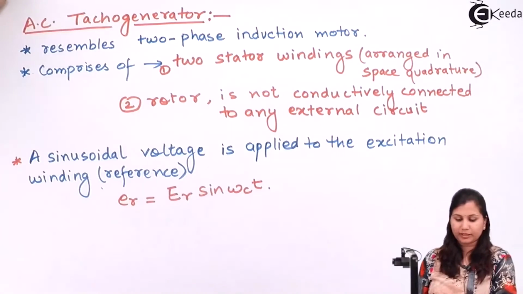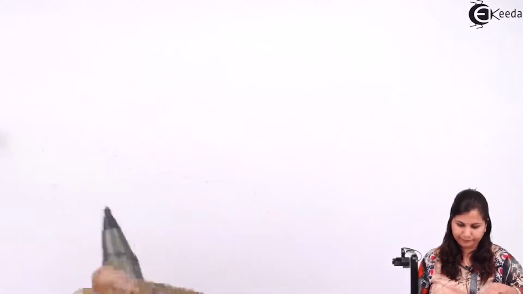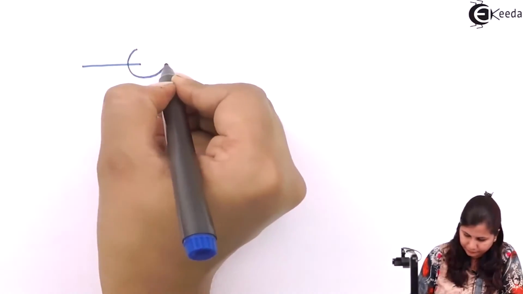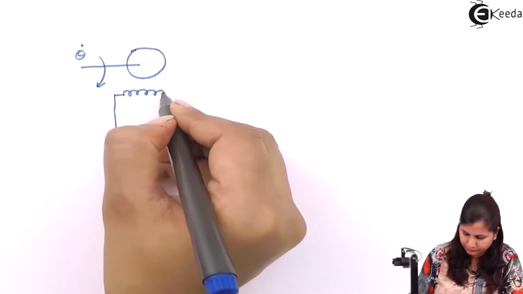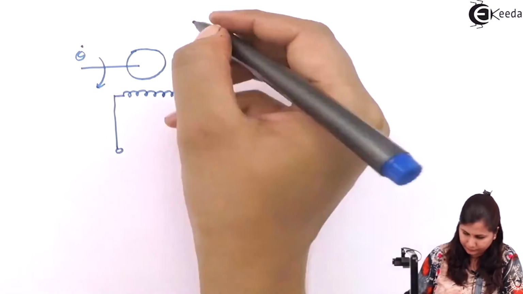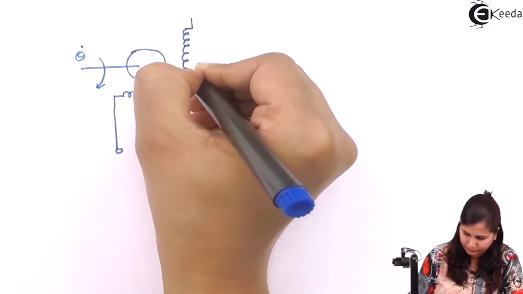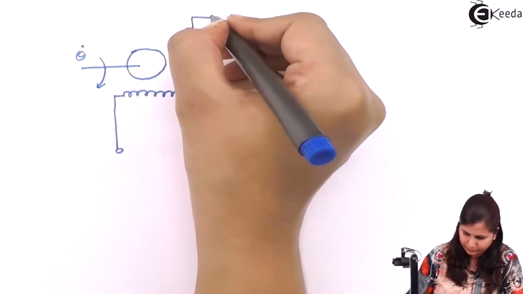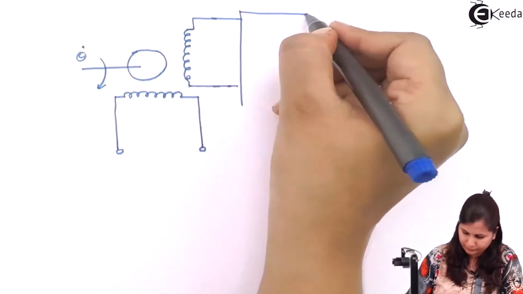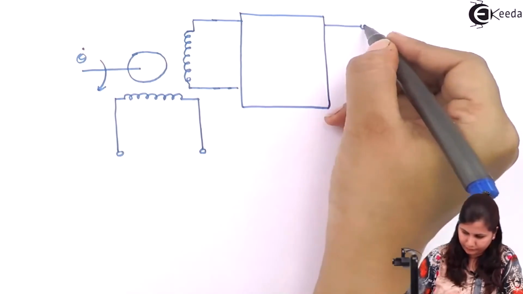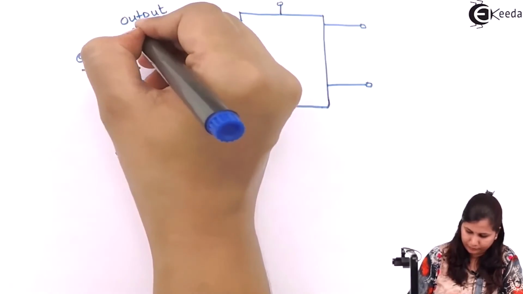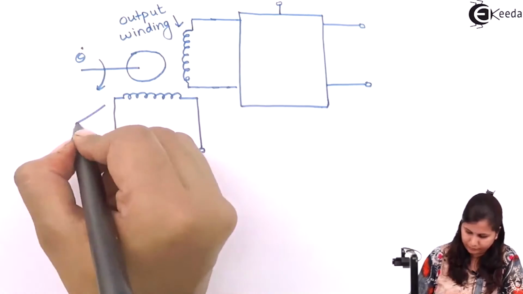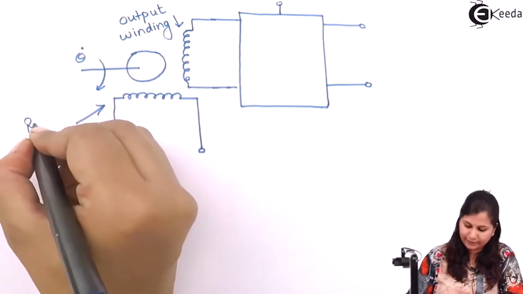Now, if we draw the circuit for the AC tacho generator, it will be like this. This is the output winding and it is the reference winding.